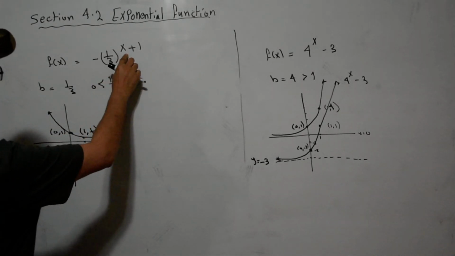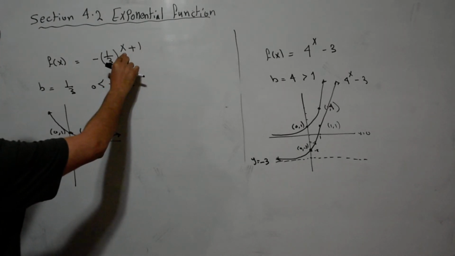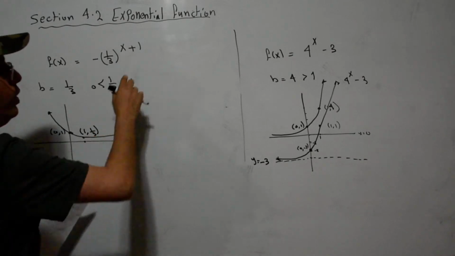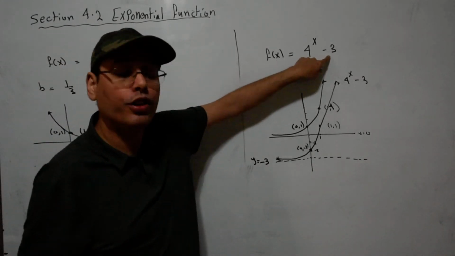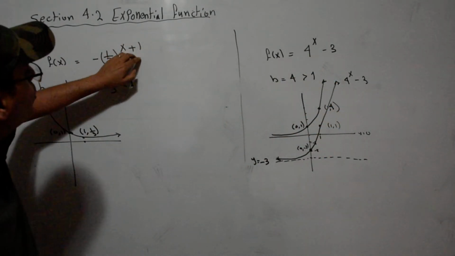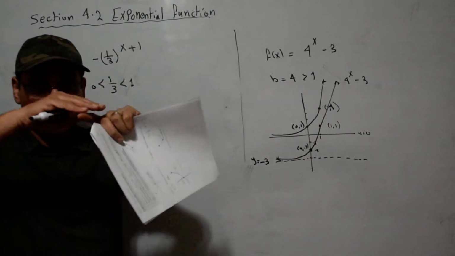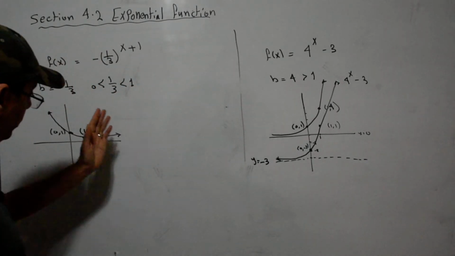Okay, the second thing is to shift the inner part, x plus 1. So what do you think? When we shift the function down by 3 points, that was outside. But here, this is in the domain, so I shift it horizontally by 1 point. To the right or to the left? To the left.